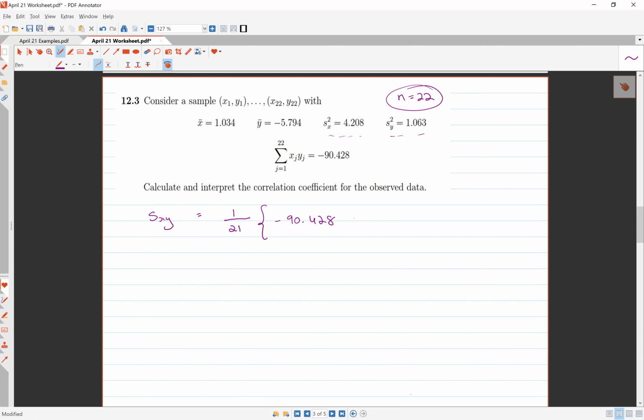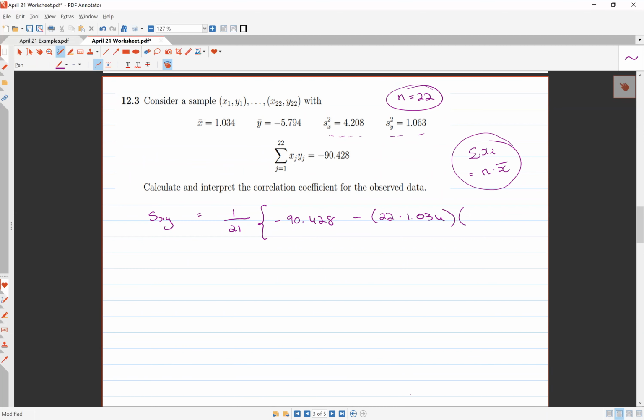Now, do note here, we need, at this point, to subtract the product of the sum of the x's times the sum of the y's. But we only have the average x bar, so the sum of the x's can be calculated as the sample size times the average. So to get the sum of the x's, it would be 22 times the average.